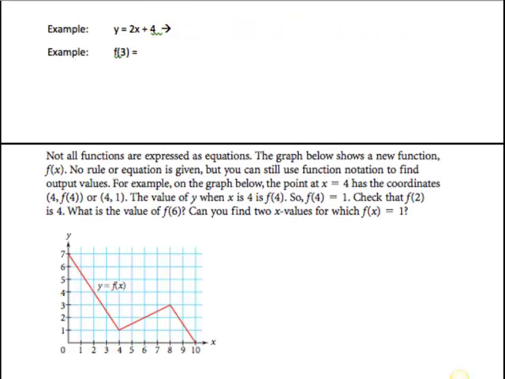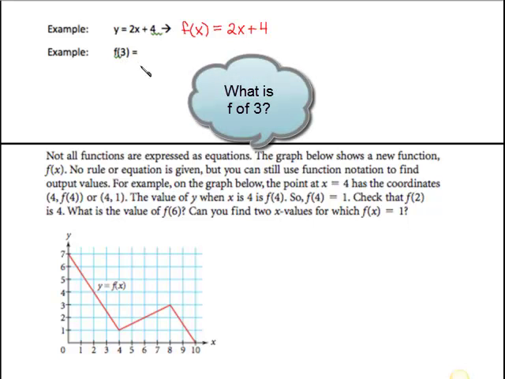So an example here, y equals 2x plus 4 would now be written as f of x equals 2x plus 4. Okay? And now instead of saying what is y when x is 3, we just say what is f of 3. Okay?